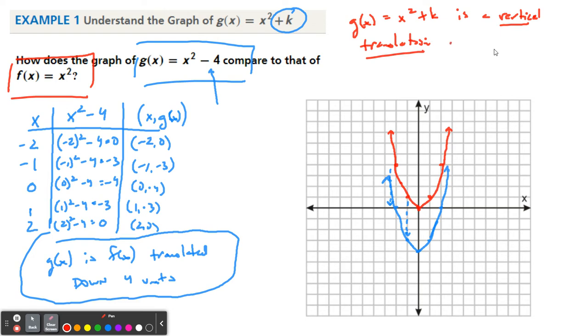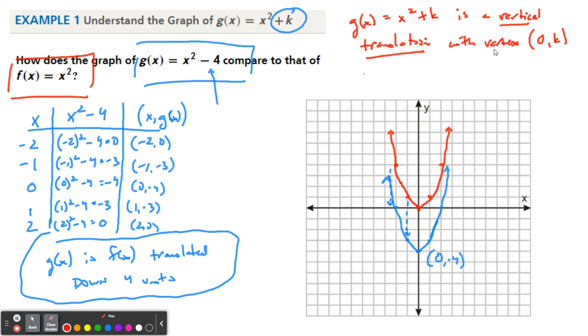And the vertex becomes 0, k. We don't move left or right. We just go up or down depending on what that k value does, and we go exactly what it says. This said minus 4, so we went down 4. Our vertex here was at 0, negative 4, which is 0, k.